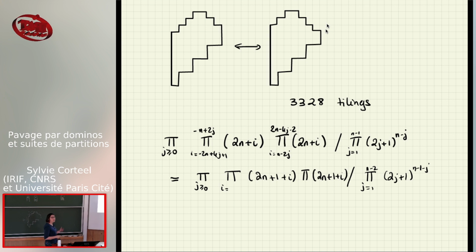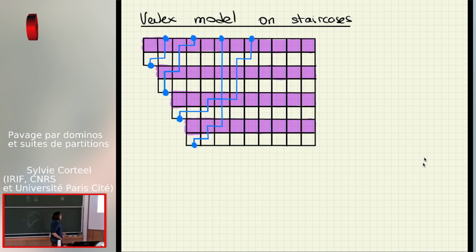Okay, and the two formulas look quite different, but you can prove easily that this big product here is equal to this product for any n. Okay. And so that's a nice combinatorial question to give a bijection between these two families of tilings. And so now, what are the vertex models that come from this?